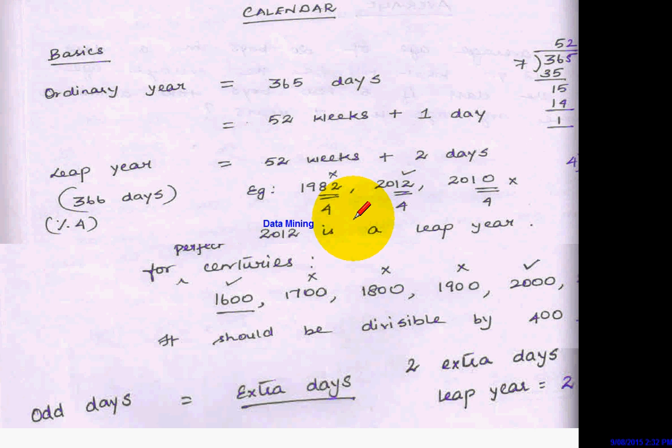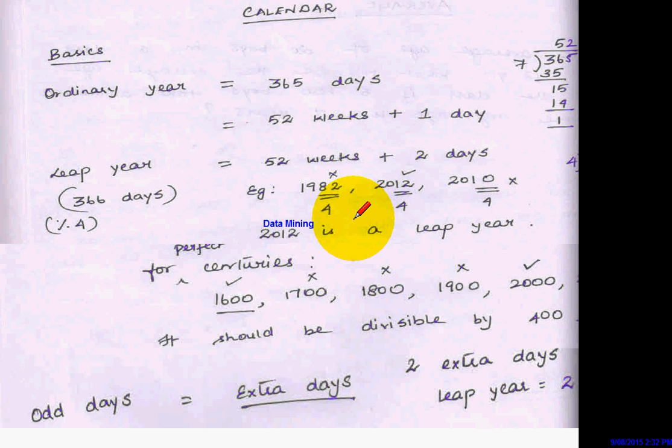Instead of dividing all the 4 digits by 4, we can just extract the last 2 digits, which is 82, and divide it by 4 to simplify my calculation. No need to take all the 4 digits and divide by 4. That is the shortcut method for dividing by 4.